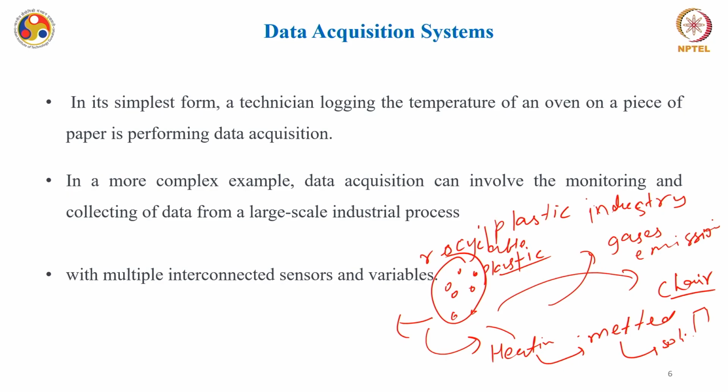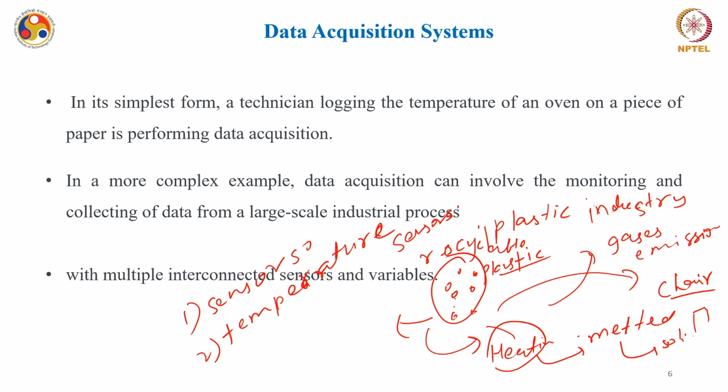All right. So, a number of things are happening over here. You require sensors to monitor these gases. You need temperature sensors to monitor the heating of this, say for example, you are trying to melt it.